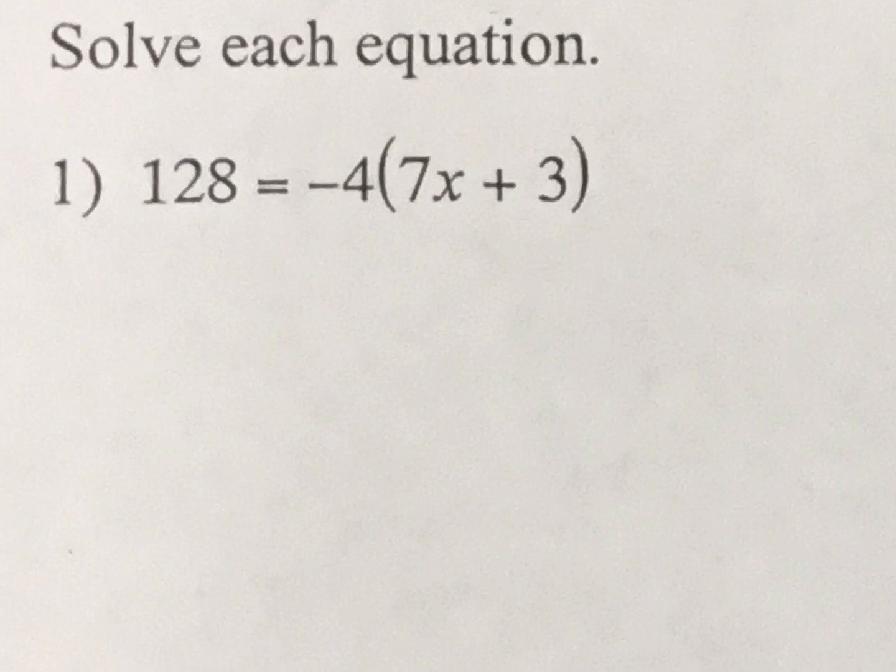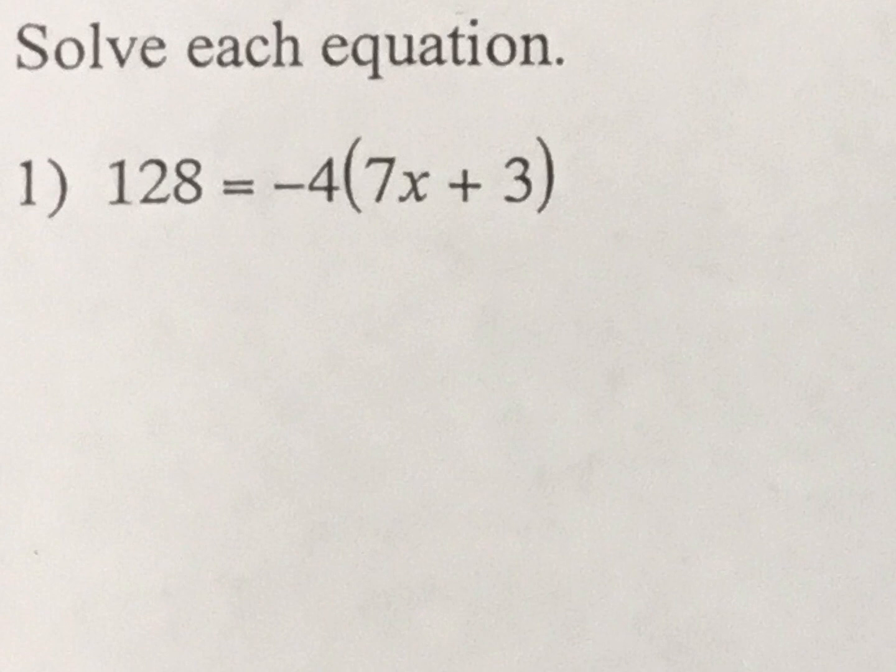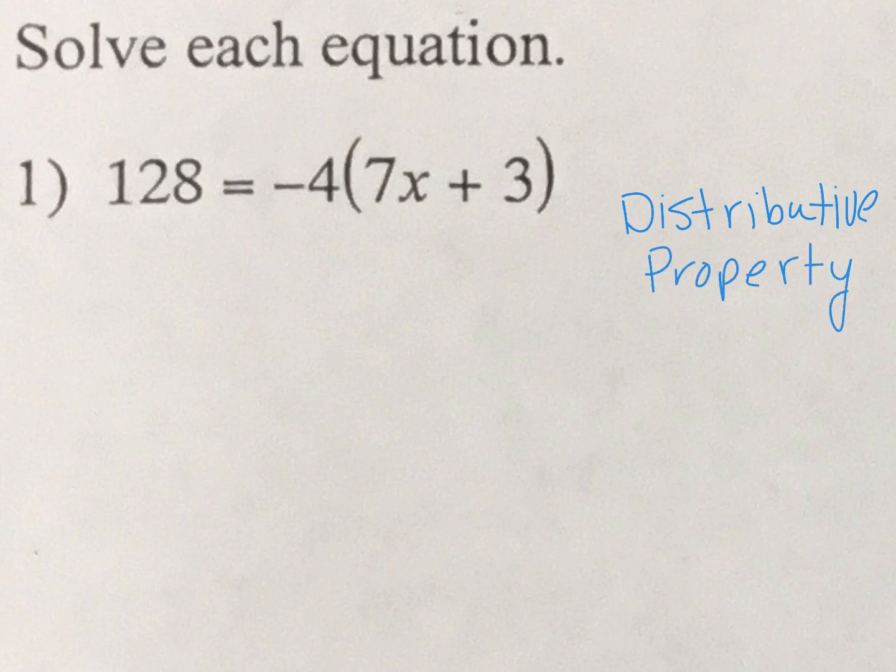We are going to have to do something that I hope is at least a little bit familiar to you, called distributive property. And that is where we are going to take that number on the outside of the parentheses, in this case -4, and we're going to distribute it, multiply it by both of those items inside of the parentheses.